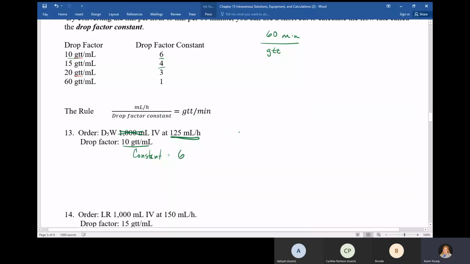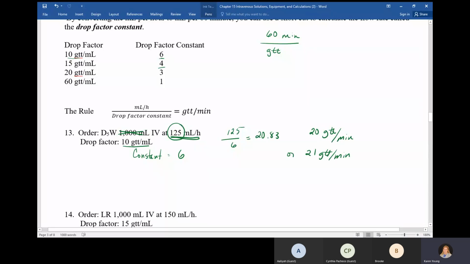So using their formula, I'm taking my milliliters per hour, which means I'm just taking my number. So 125, I'm going to divide it by 6. I think that's 20.83. So I'm going to do 20 drops per minute, or 21 drops per minute.